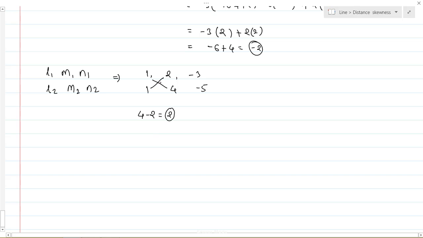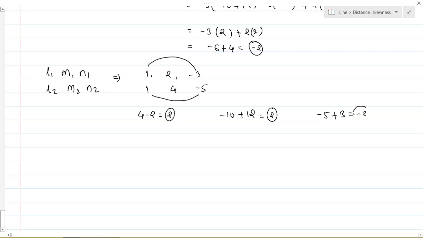Now find out the second part, the determinant of these two. So this becomes minus 10 plus 12, which is nothing but 2. Now the third time, you find the determinant of these two, which is 1 into minus 5 is minus 5, and plus 1 into 3 is plus 3, which is nothing but minus 2.